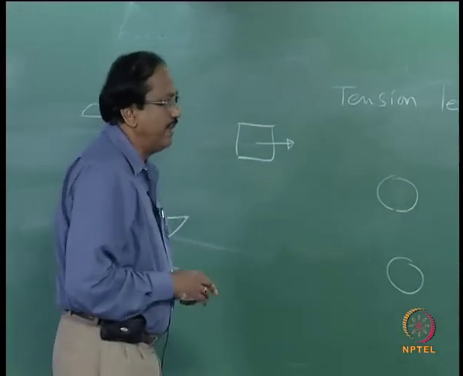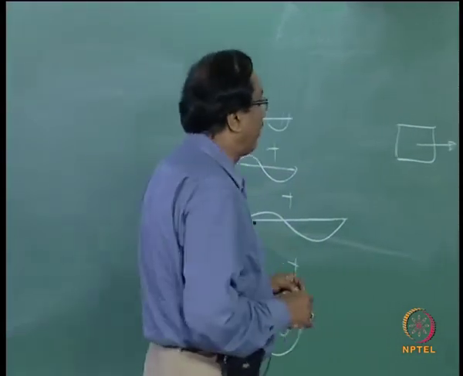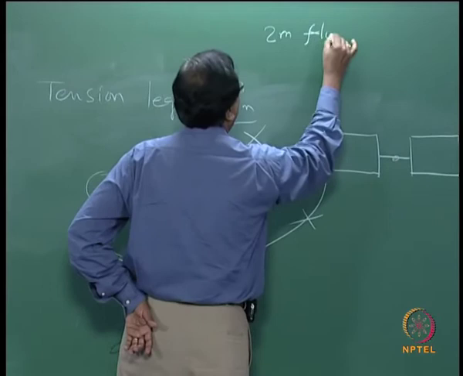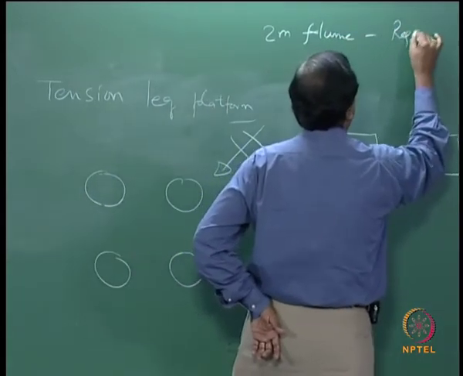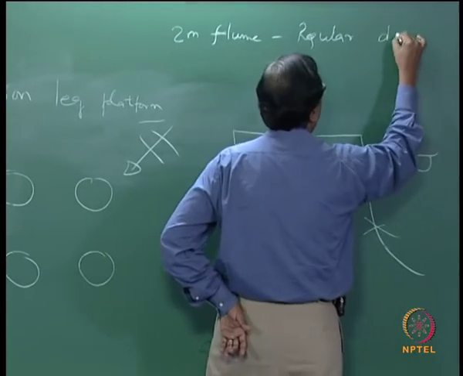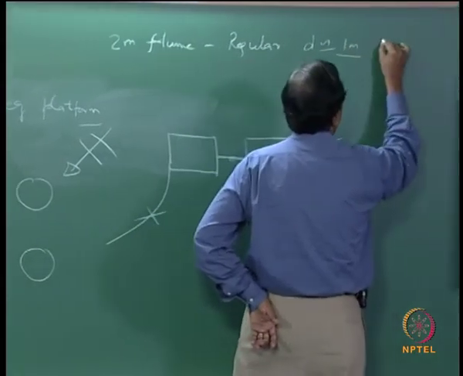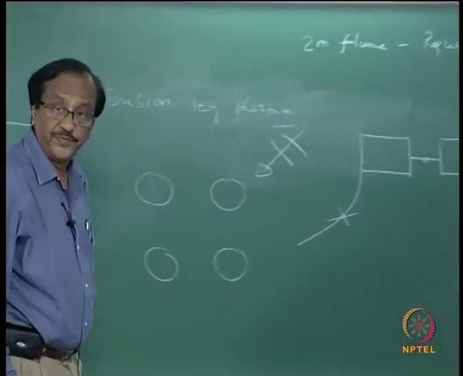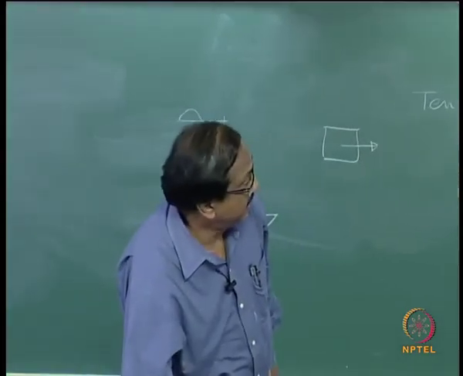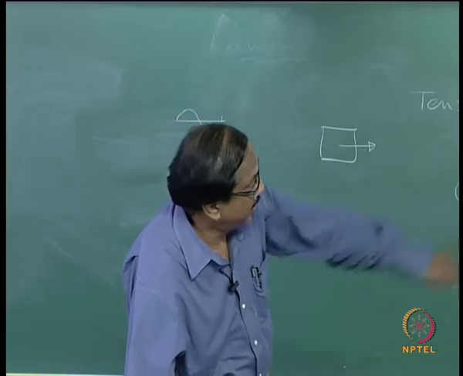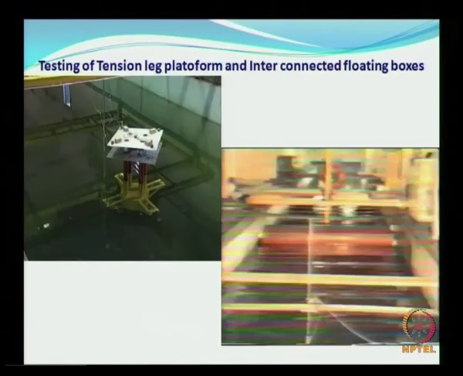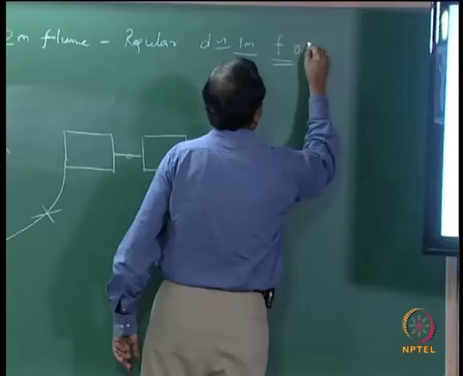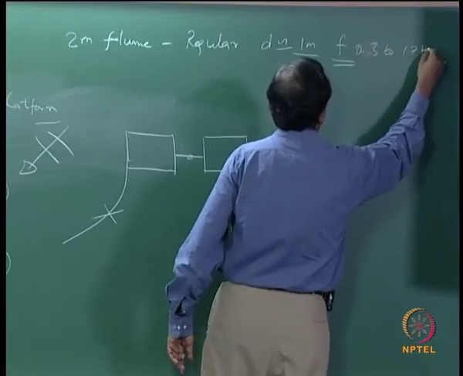Then if you look at all the facilities, earlier the 2 meter wide flume had only regular waves, mostly with a water depth of approximately 1 meter, and your frequency range was limited, as we have seen earlier, 0.3 to 1.7 hertz for both the wave makers.